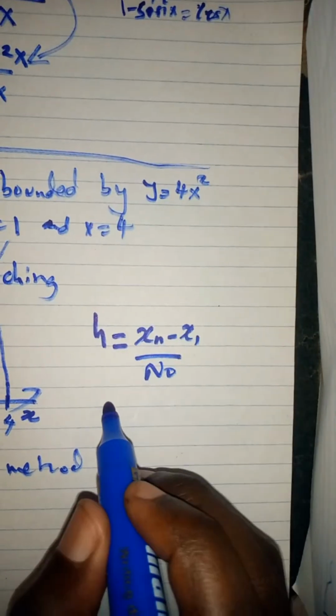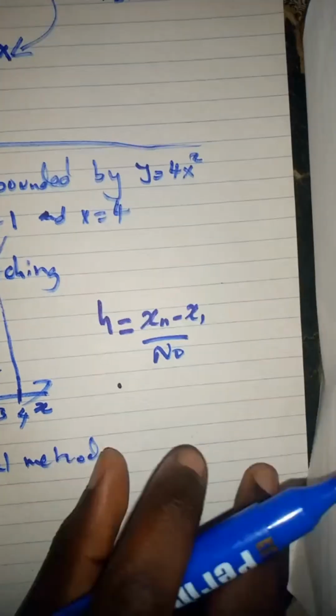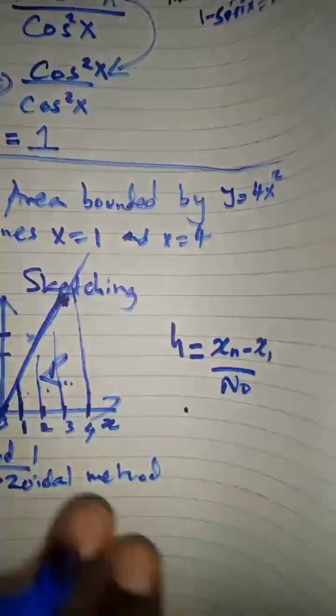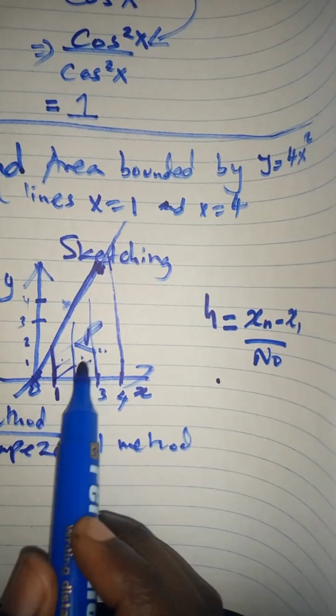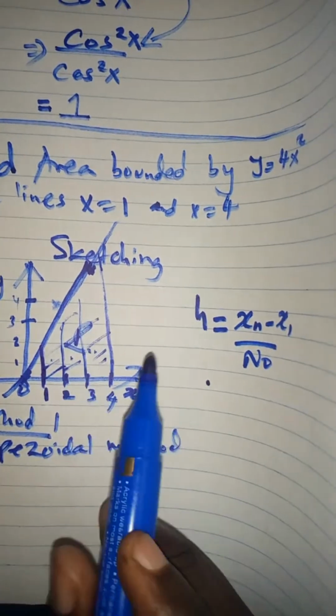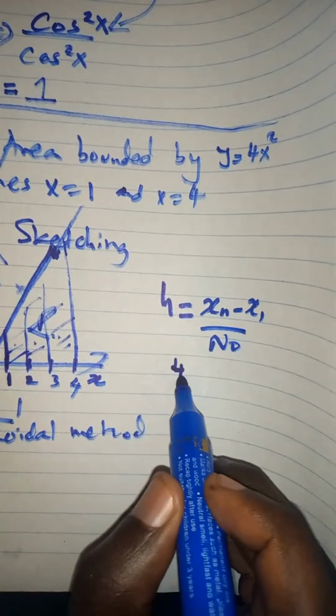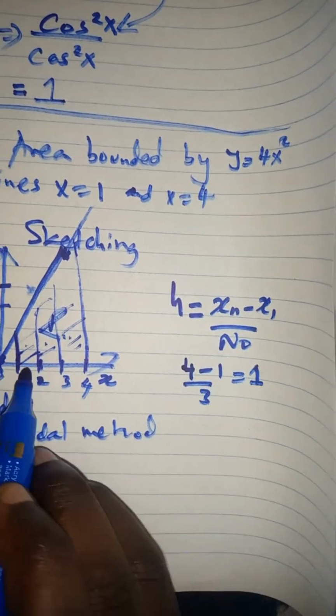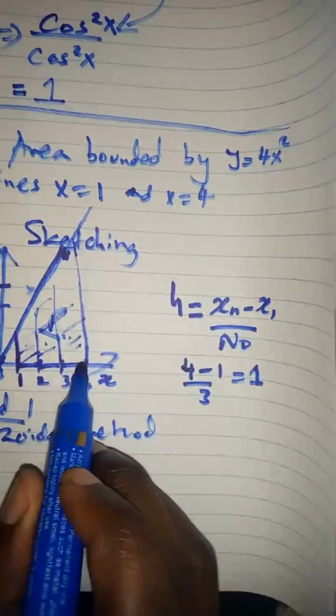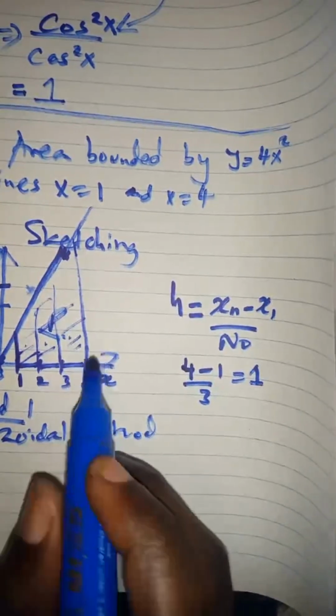So my h is the length of my bars, these ones. So I take 4 minus 1 divided by 3, and my width from here to here, here to here, here to here will be 1.